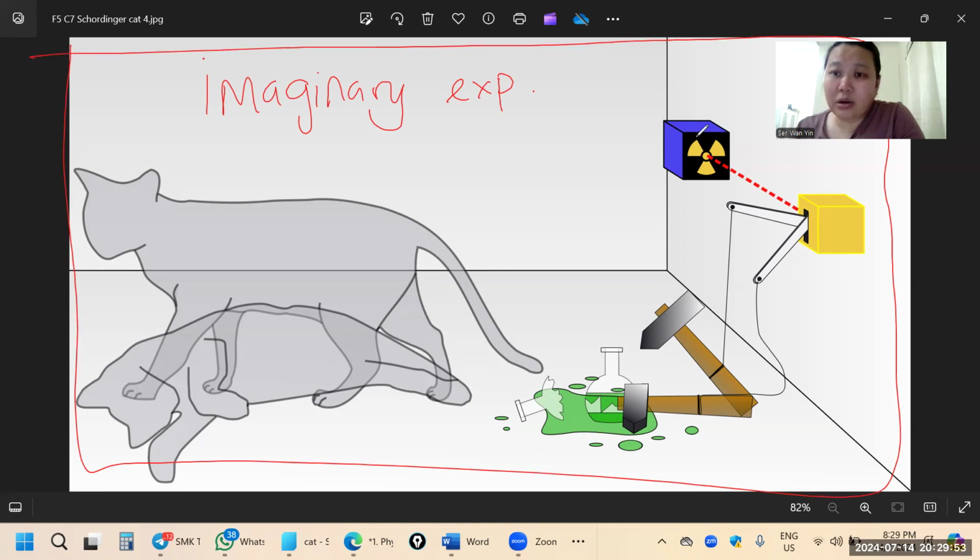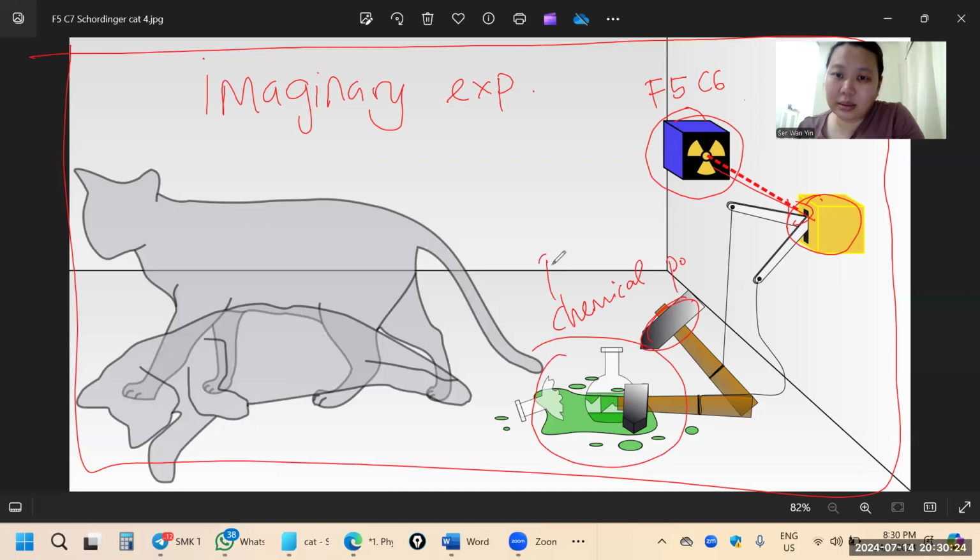Inside there is a radioactive substance, and this radioactive substance will give some dosage of radiation, which we will learn in Form 5 to 6. And here is the control, controlling the hammer. If the dosage is too much, the hammer will drop down and hit the chemical. This chemical is poisonous and will kill the cat.